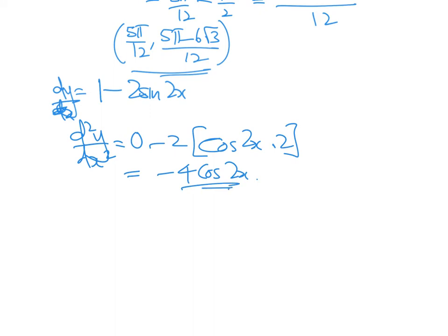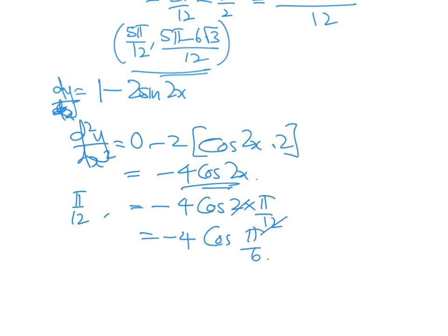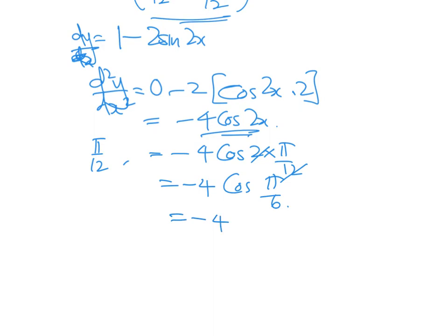Now I'm going to take the two values, first pi over 12, and sub that inside. So it's negative 4 times cos of 2 times pi over 12, which is negative 4 cos pi over 6. Cos pi over 6 is cos 30, which is root 3 over 2, so it's a negative value.